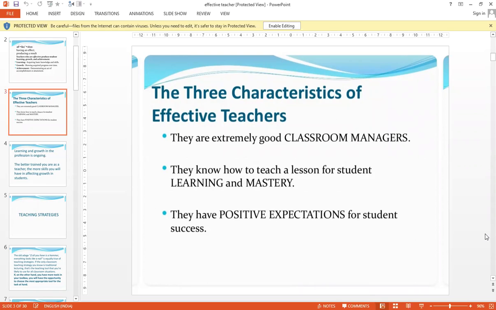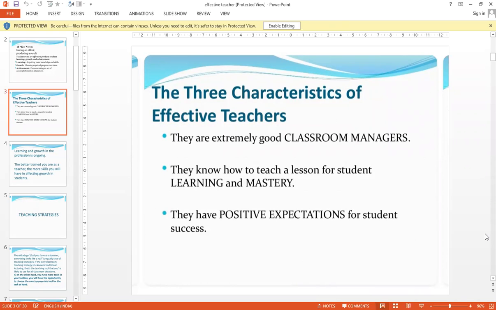Here, the teachers not only focus on the learning process, but also on the overall development of the students, by teaching a topic and then conducting exams or questioning the students. So that is the second characteristic of effective teachers.